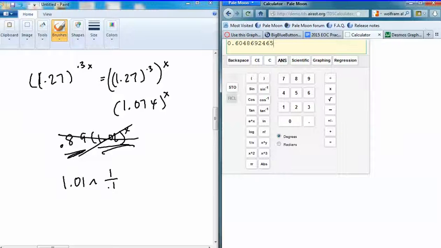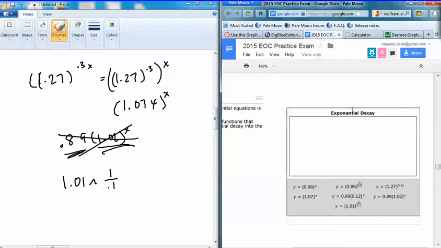Let me think, though. They're saying one of them is exponential decay, and it's tripping me out, because I'm wondering, why is that exponential decay? They're saying this one in the middle is exponential decay. 0.99 times 0.12 to the x power.